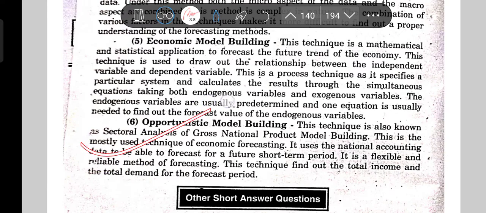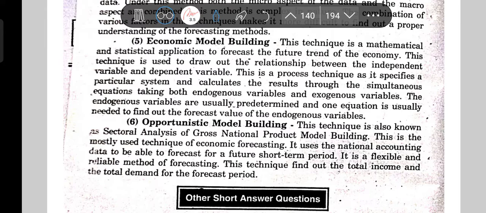This technique finds out the total income and total demand of the forecast period. Do remember, it is short term. Opportunistic model building is short term, mostly used, and is the sectoral analysis of the gross national product.